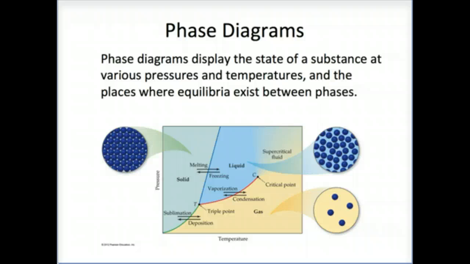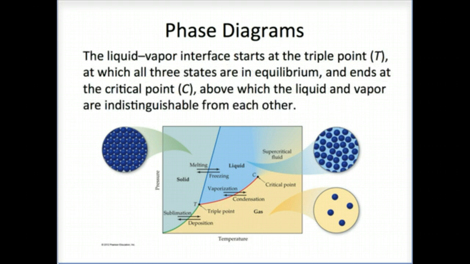And it's diagrams like this where we can actually see what we know as sublimation and deposition. Now, a couple of important points is when you look at these, notice that we have changes in state along what are known as curves. So we have the vaporization curve, we have the melting curve, we have the sublimation curve.